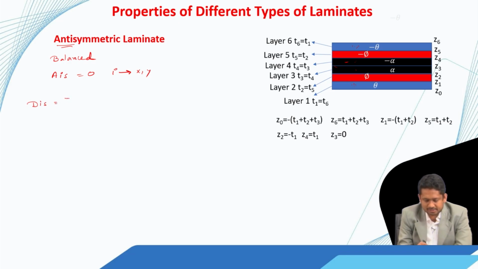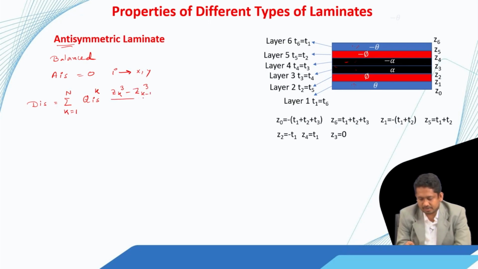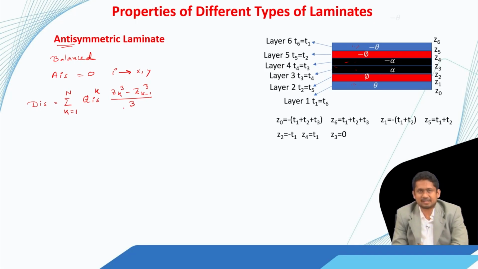So, DIS is summation k going from 1 to n of Q̄IS of the kth layer multiplied by Zk cube minus Zk minus 1 cube, divided by 3.